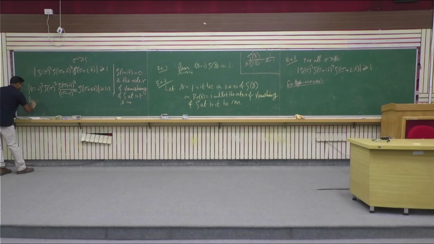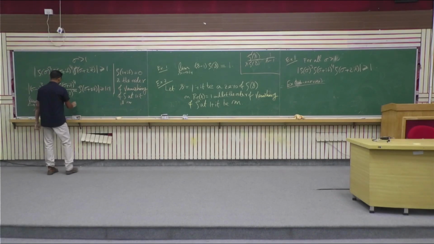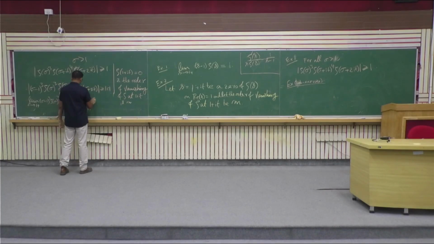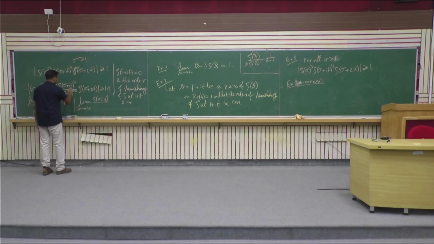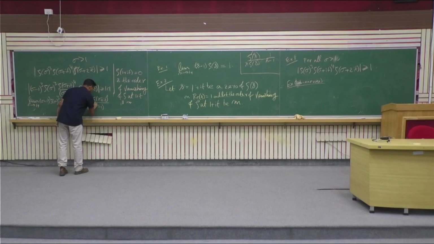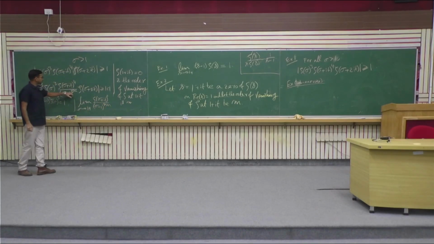If this limit is, I mean, we'll write it down. Limit sigma going to 1 plus of sigma minus 1 whole cube zeta sigma cube is equal to 1. Then you have the limit sigma going to 1 plus of sigma plus it whole to the power 4m, excuse me, 4m. This is not just m, this is 4m.